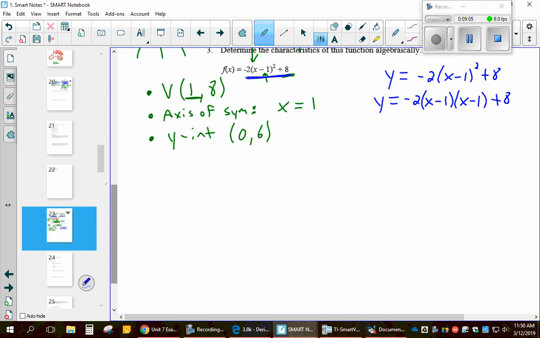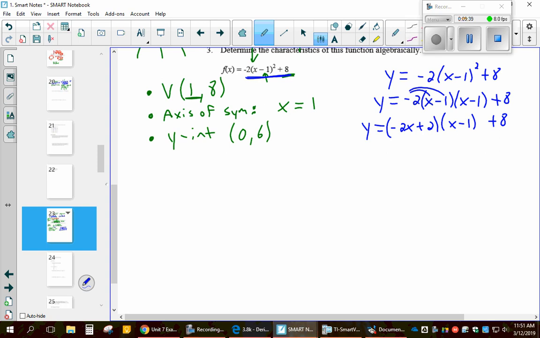Now, written this way, I'm going to distribute the -2 into the first bracket first. So y is equal to -2x, and -2 times -1 is +2, in brackets. So that's -2x plus 2, and then I've still got x minus 1, and the plus 8 still hanging out over there. Just stick with me till the end here, okay?